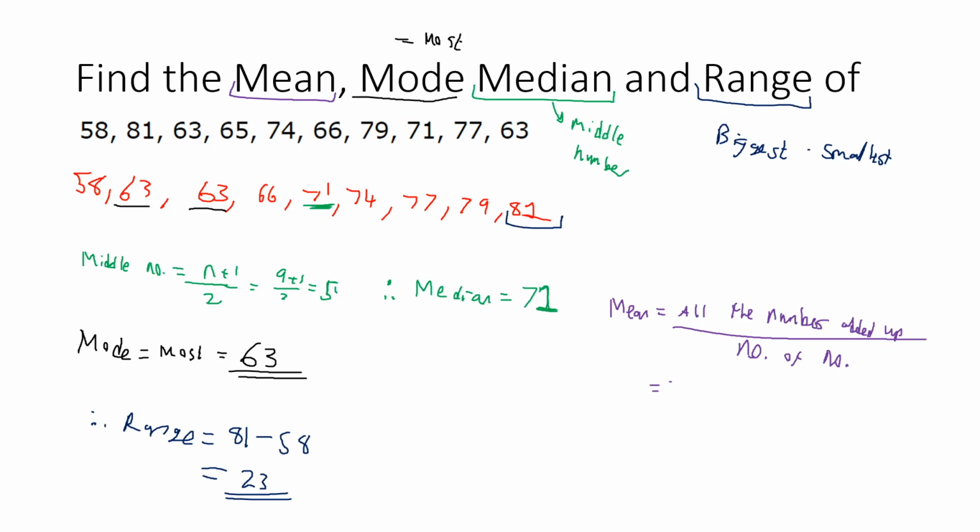So this is just going to be 58 plus 63 plus 63 plus 66 plus 71 plus 74 plus 77 plus 79 plus 81, all divided by 9, which is the same as 632 divided by 9, which is 70.2. Okay, so that is our mean, mode, median, and range.